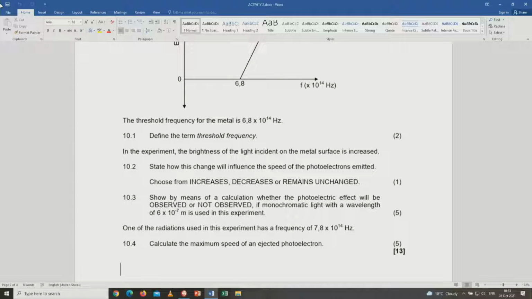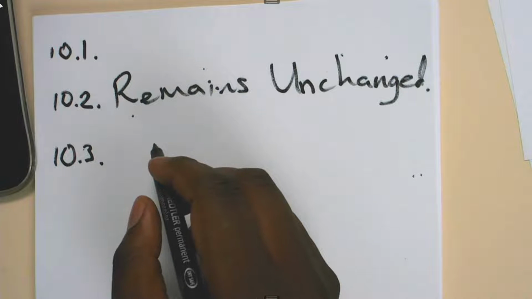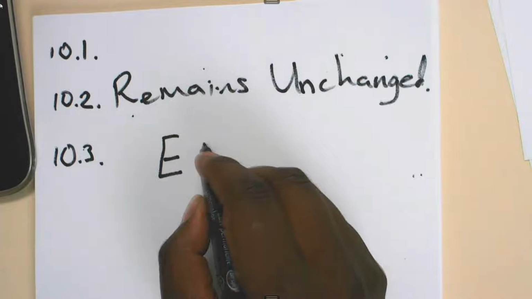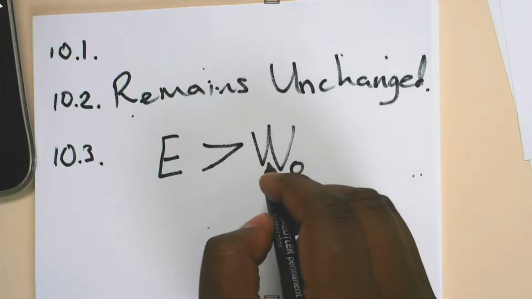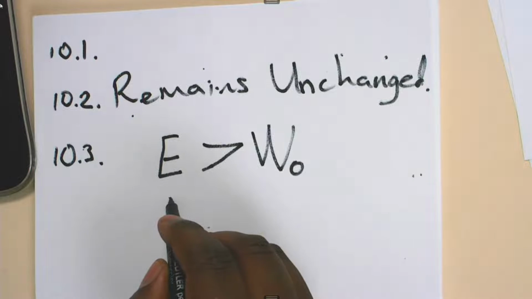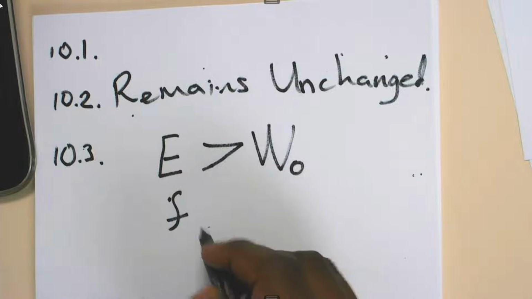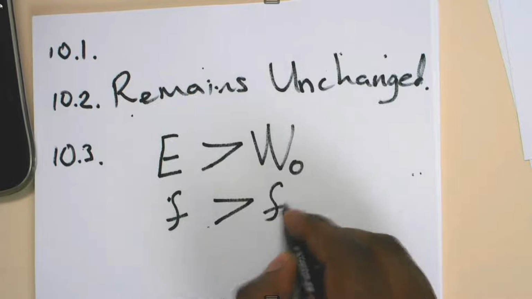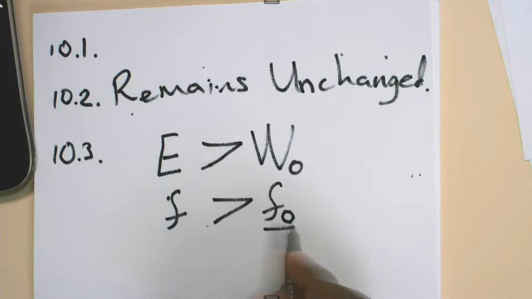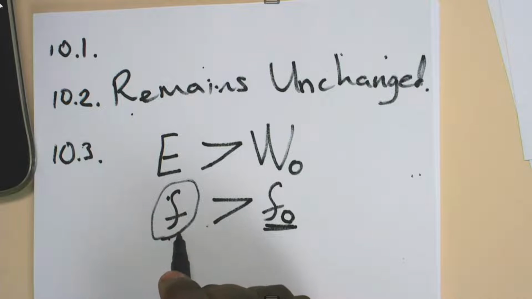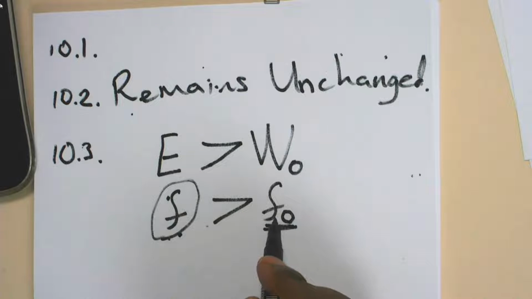So we know that for the photoelectric effect to take place, the energy of the photon must be greater than the work function, or the frequency of the photon must be greater than the threshold frequency. We are given the threshold frequency here, and then we need to calculate the frequency and see whether it will be greater than the threshold frequency or less than the threshold frequency.